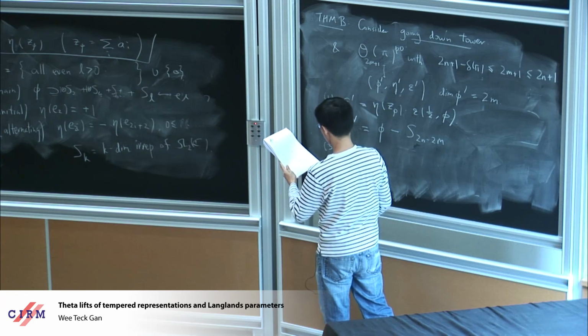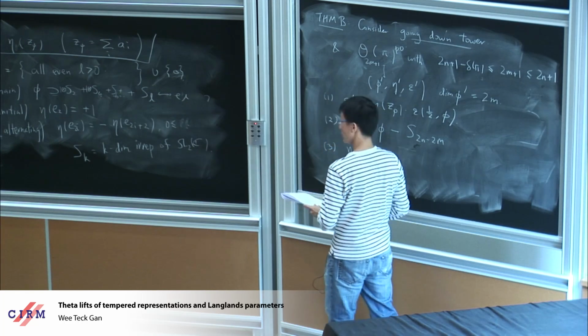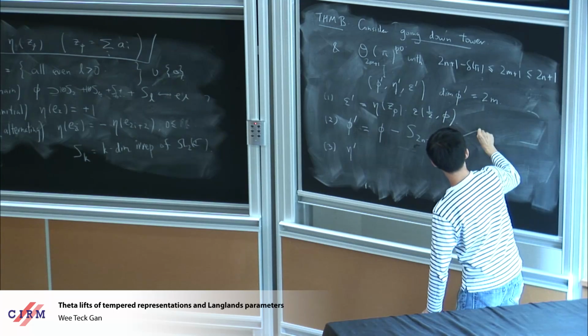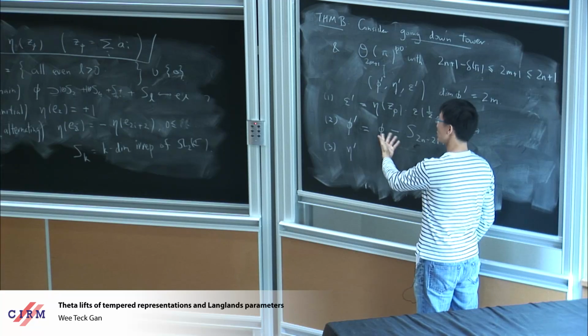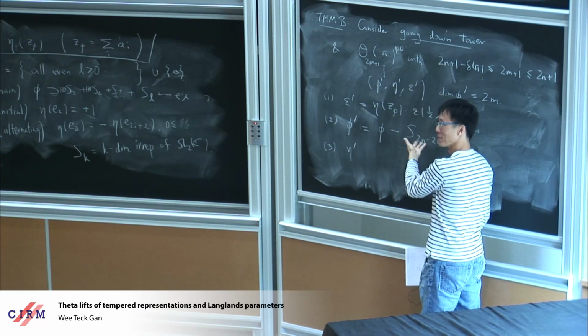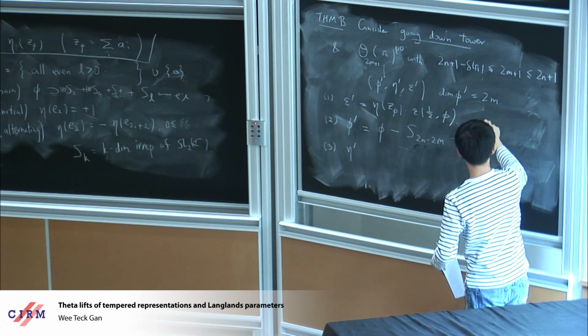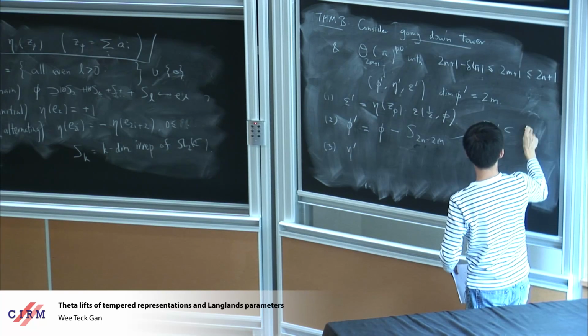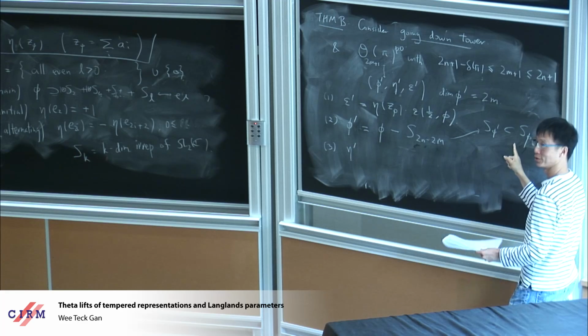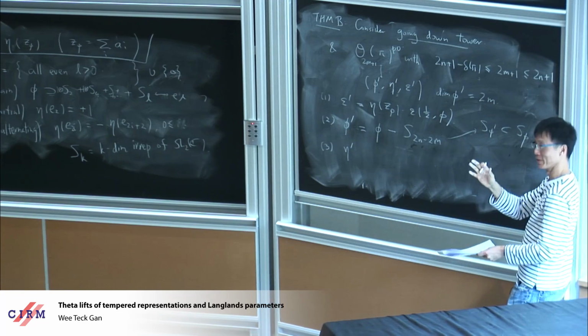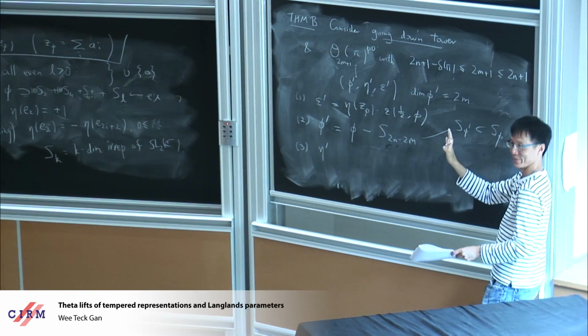And finally, as a consequence of this, you see that this phi prime just looks like phi, except this summand is missing. So this means that you can think of the component group of phi prime naturally as a subgroup, because you're just removing one basis element, so to speak.